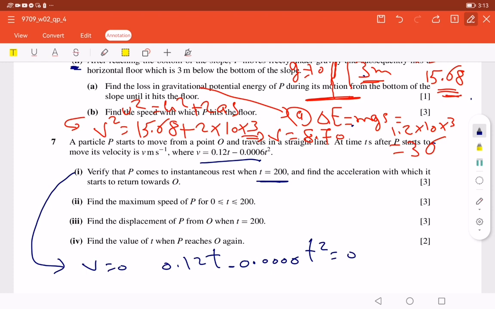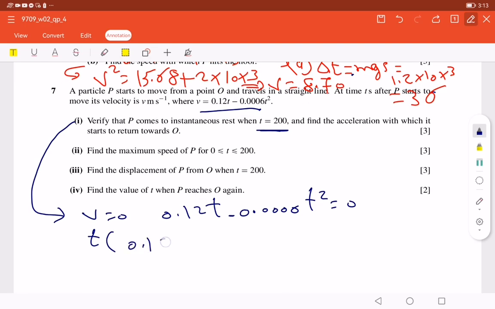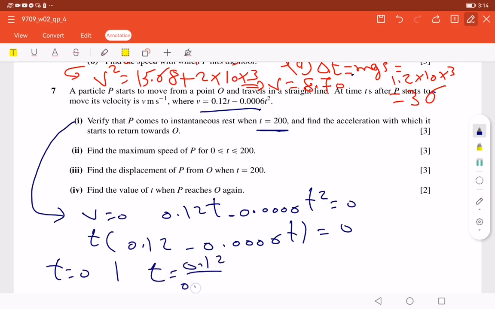So we have t between brackets (0.12 minus 0.0006t) all equals 0. So we have t equals 0 and t equals 0.12 over 0.0006. So t equals 200 seconds.